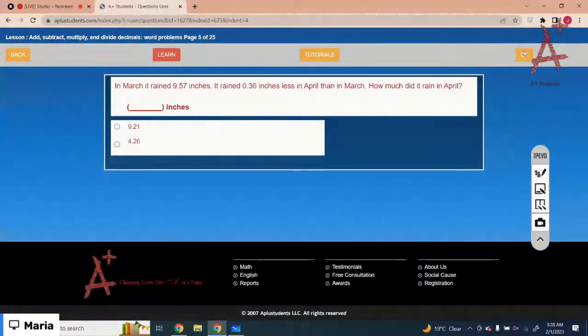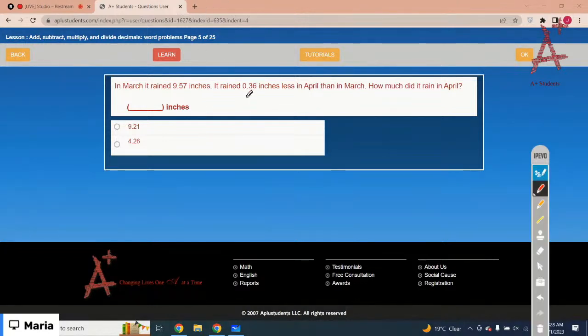Okay, in March it rained 9.57 inches. It rained 0.36 inches less in April than in March. How much did it rain in April? So you have to do 0.36 less than. So you just have to subtract 0.36 from 9.57. Got it? Because it rained 0.36 inches less in April.